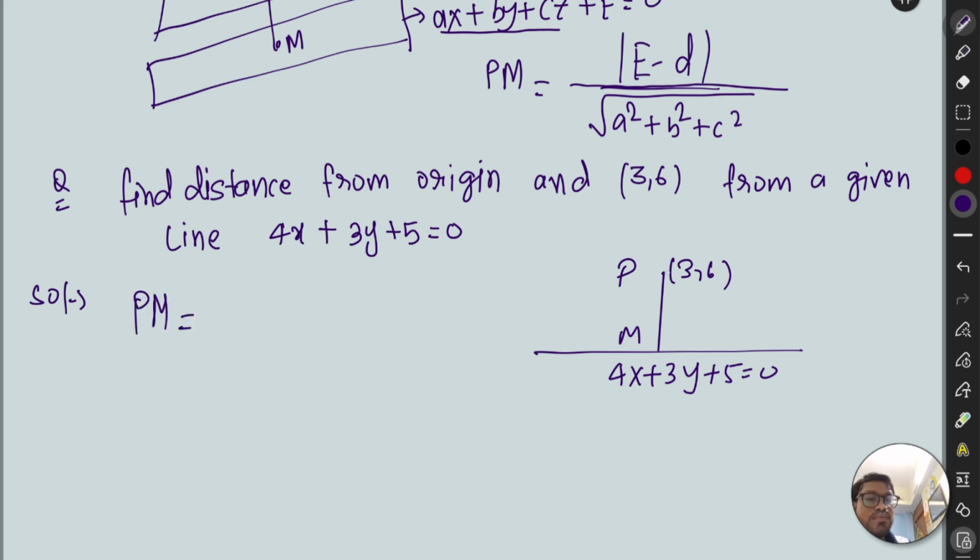PM will be found by satisfying the point P into the line: modulus of 4 into 3 plus 3 into 6 plus 5, divided by square root of 4 square plus 3 square.